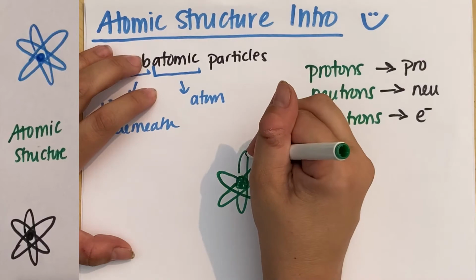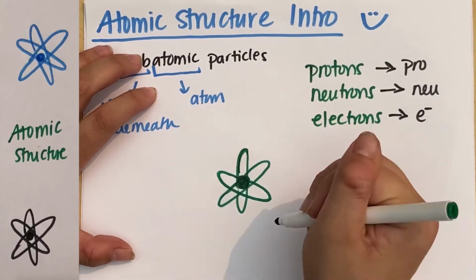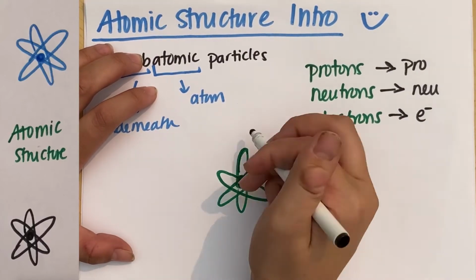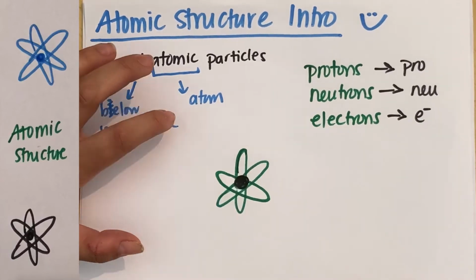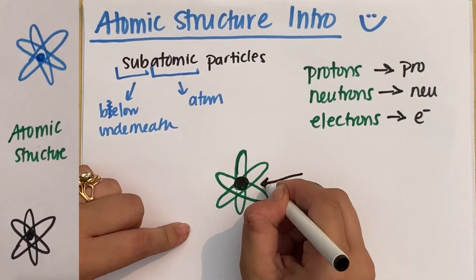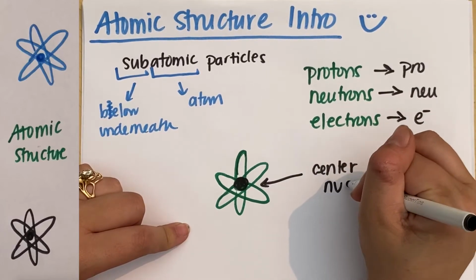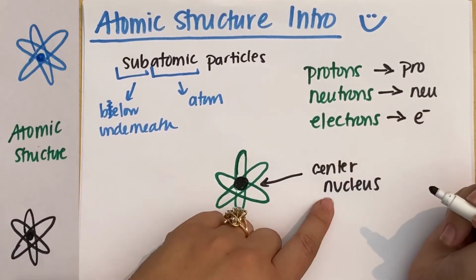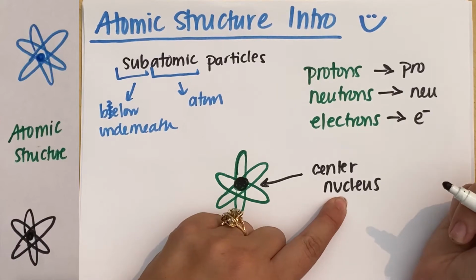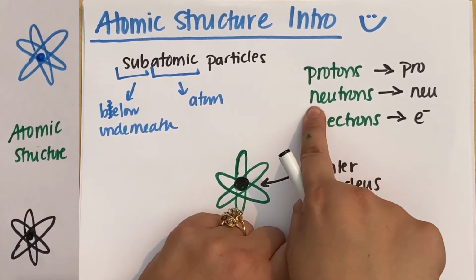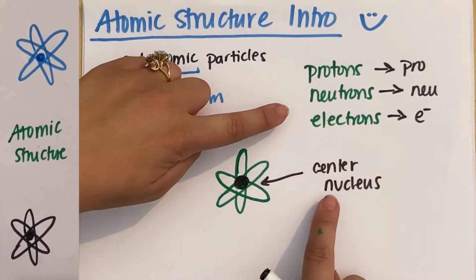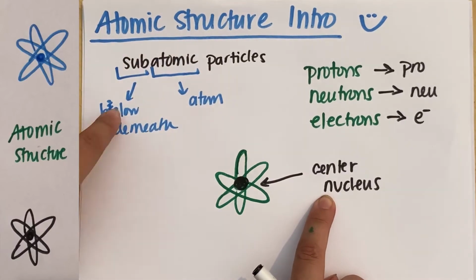So there we go, right? You have this very dense center in the middle. Your center is called your nucleus, N-U-C-L-E-U-S, neutrons is N-E-U. Not that I really care about your spelling. I'm a terrible speller, clearly, but just for you.